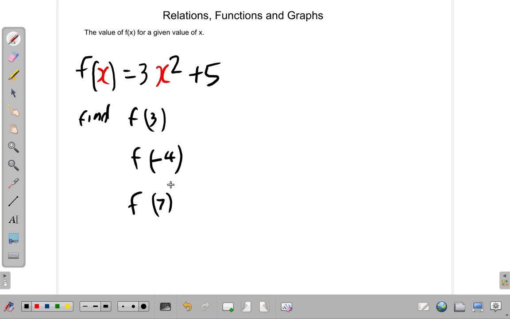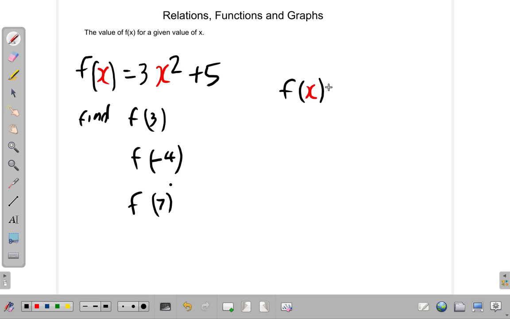Okay, you have paused the video and you completed this exercise. Let's say we want to find f of 3. Now, before you find f of 3, remember what we have here is f of x.